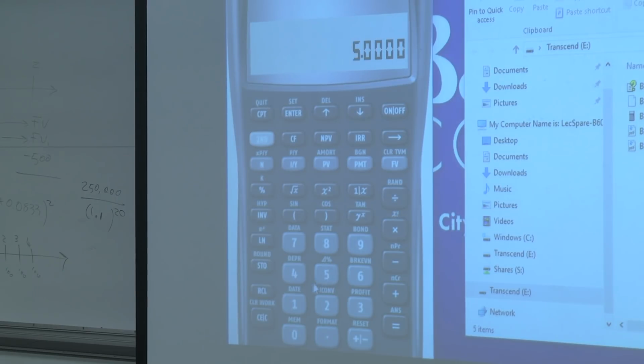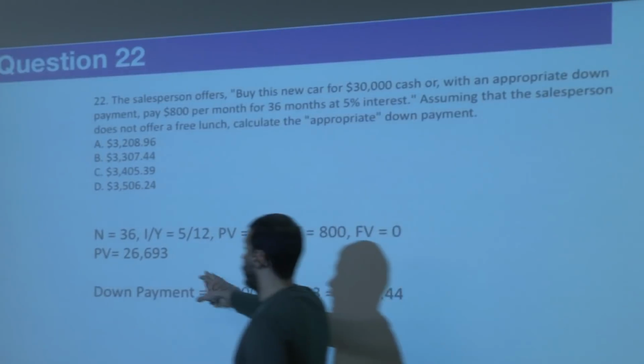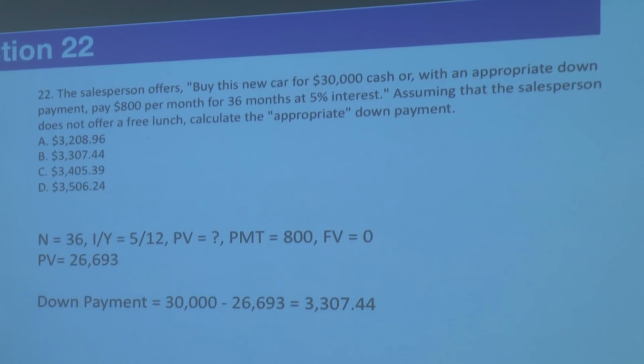I need to divide by 12 because these are monthly rates. And I can compute the present value. Very good. This is the present value of the payment plan.